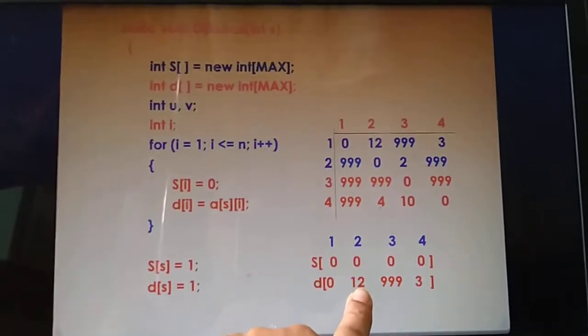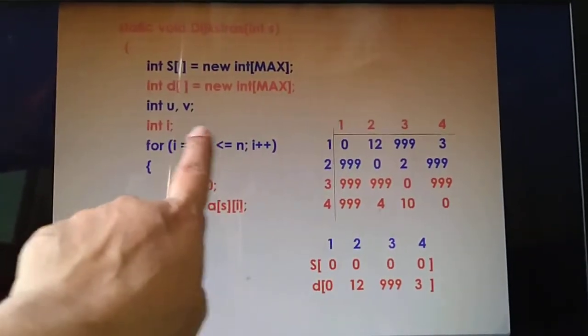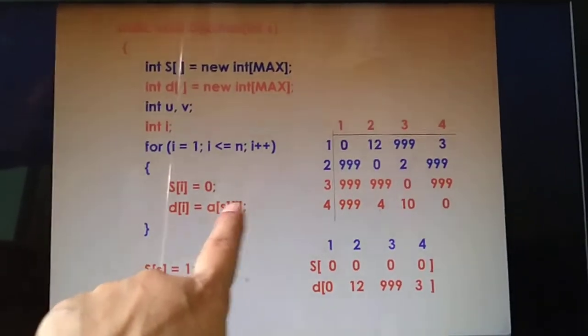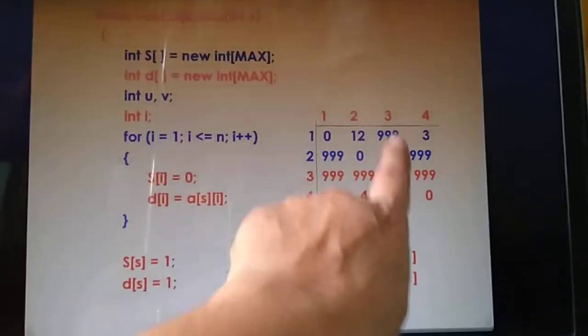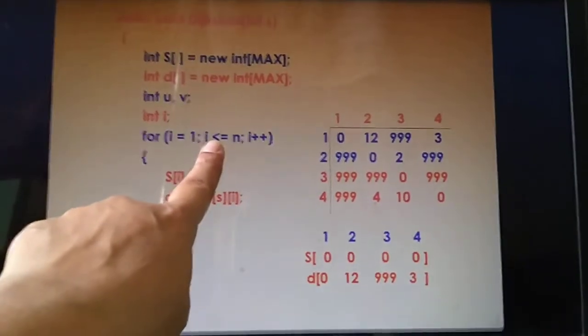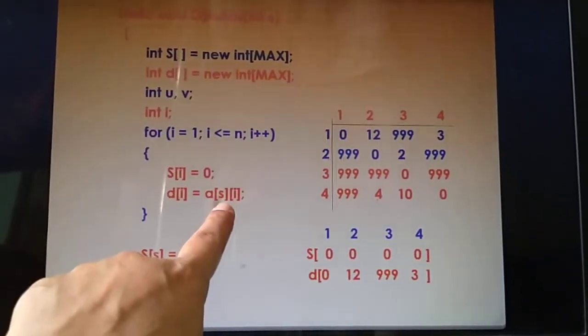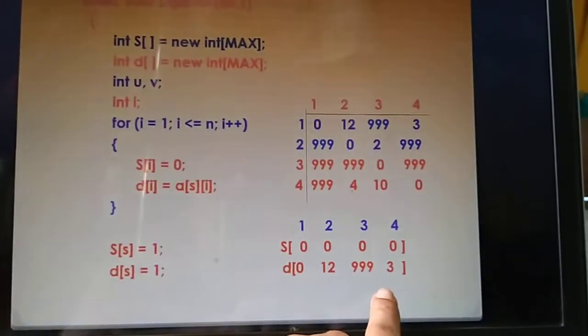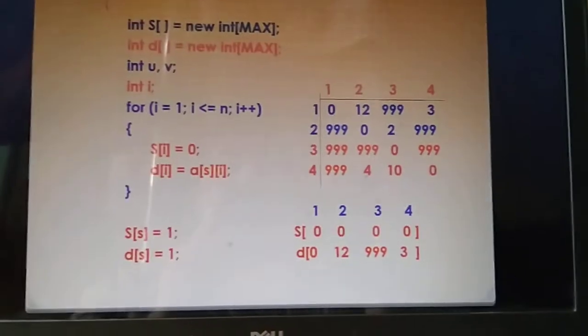Next i is 3. What is 1, 3? 1, 3 is 999. Next i is 4. What is 1, 4? 1, 4 is 3. Therefore it is 3.